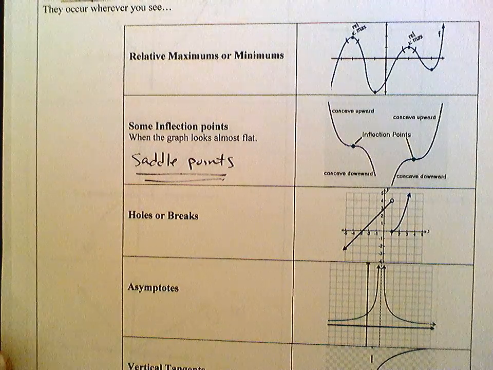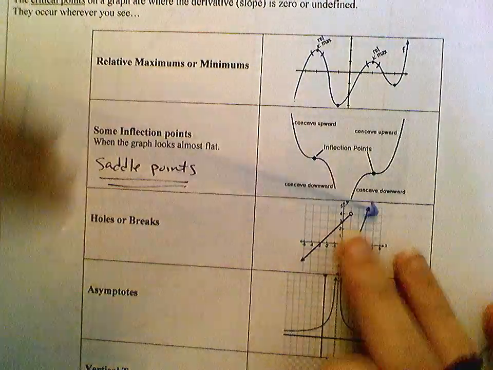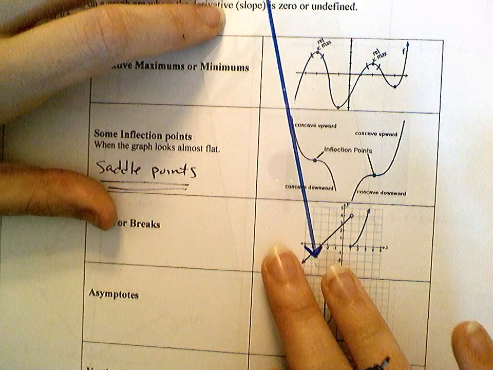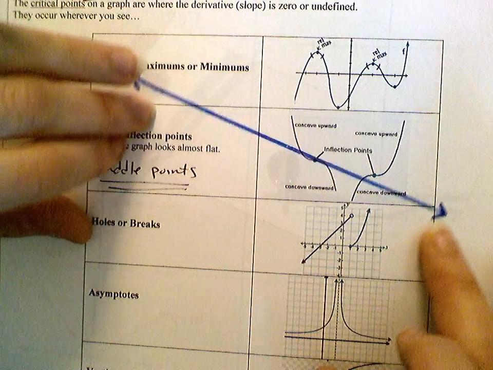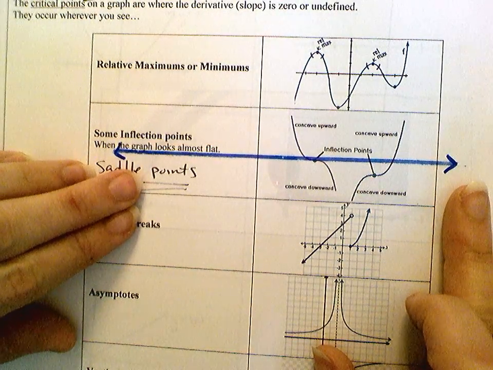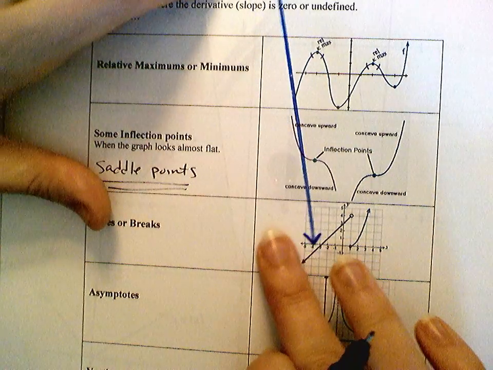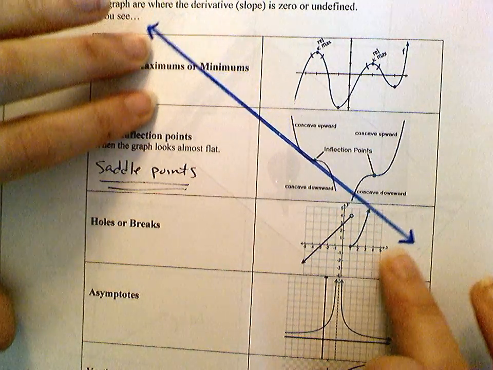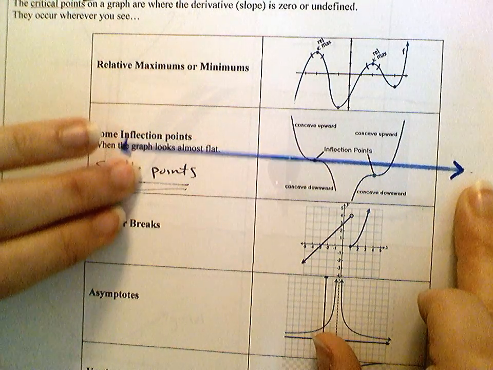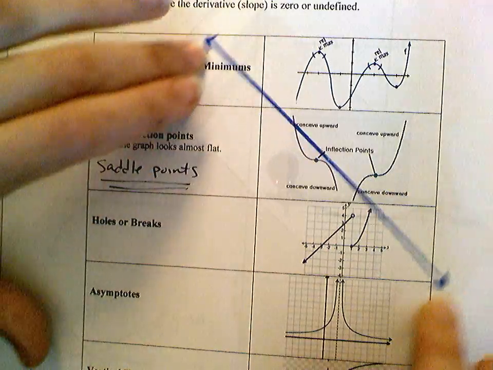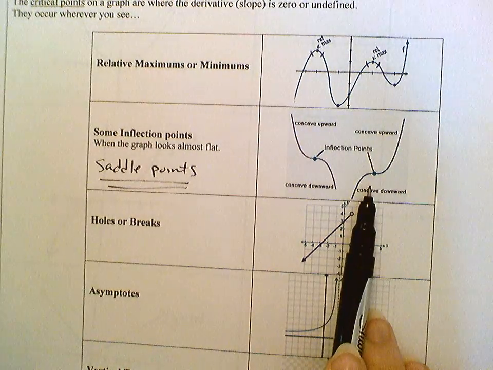It kind of looks like the saddle that you would ride a horse with. So right there, that would be a saddle point because the derivative is 0 there. It goes negative, but less steep, less and less steep till it hits 0, and then it gets more steep again. And that would be another saddle point.